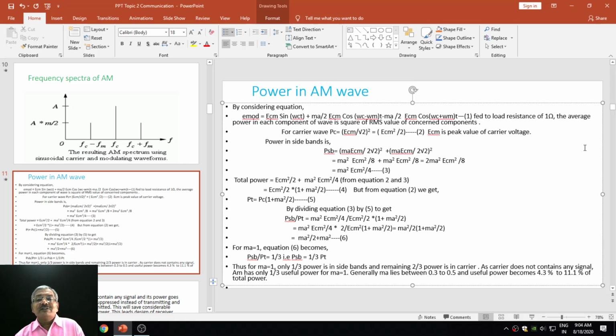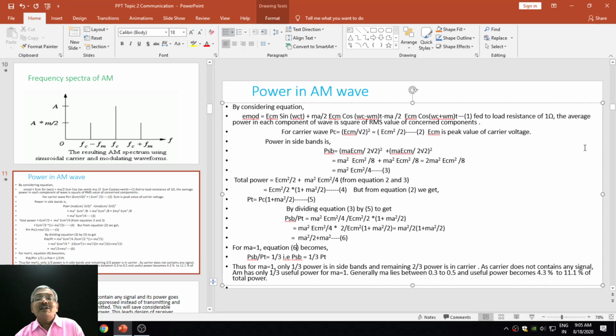We extended the analysis of the modulated wave equation and obtained three components in it. One is the carrier wave component, the second is the lower sideband component, and the third is the upper sideband component. All these components are represented in the frequency spectrum. That includes the carrier wave having frequency Fc at the center with maximum amplitude, say EC or ECM.